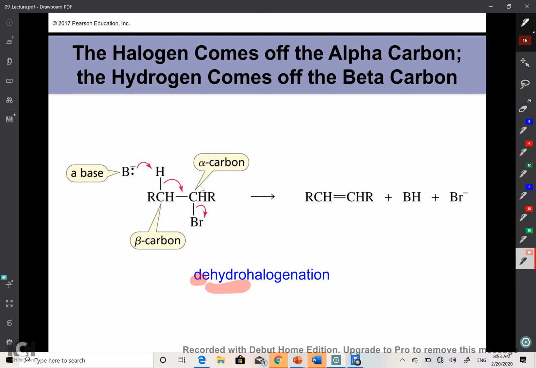Does that make sense? That hydro stands for the hydrogen, and then halogenation is this halogen. So D, I am removing a hydrogen and a halogen. That's what it means. Dehydrohalogenation. I am removing a hydrogen and a halogen. That's the name of the reaction. Okay?